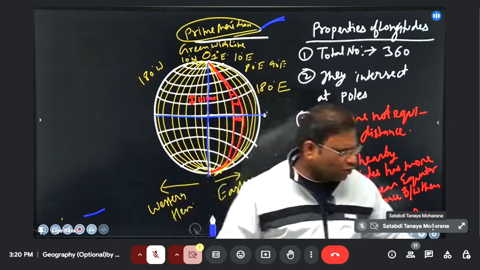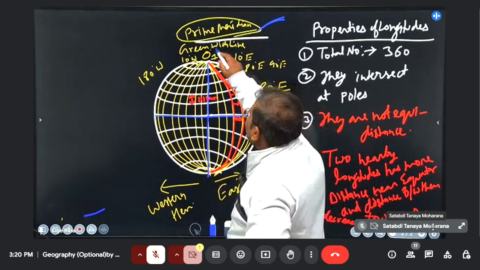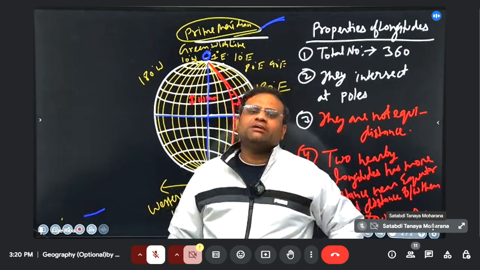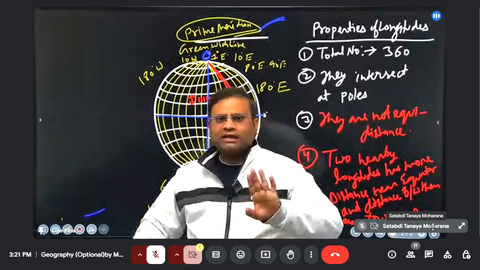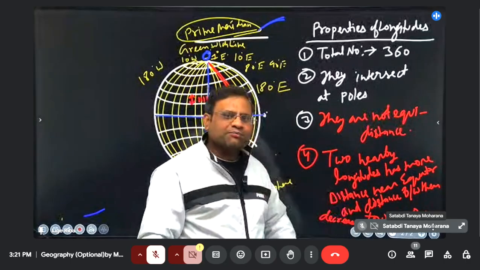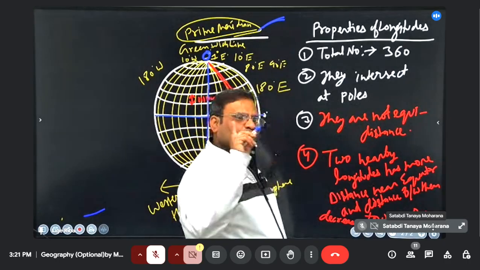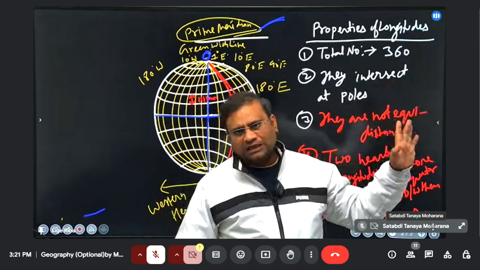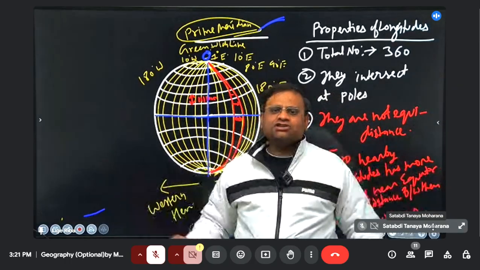So there is no logic to say that it is prime, but conventionally it is considered prime, 0 degree, the Greenwich line. Why so? There is a colonial legacy behind it. Actually, we have to take one longitude to divide the earth into east and west hemispheres. During the colonial time period, the Britishers used to rule our whole earth, from India, Australia, Indonesia to America, isn't it? So Queen Victoria was overseeing the administration of the whole world.